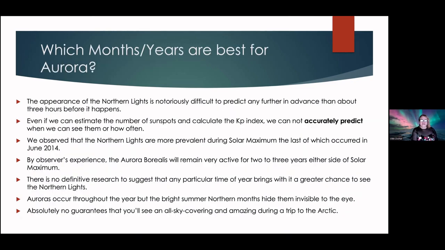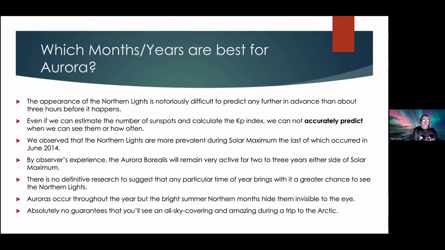Which months, years are best for aurora? The appearance of northern lights is very difficult to predict. You cannot really know more than 3 hours sometimes before it happens. The aurora activity, the KP index, basically predicts for 3 days in advance, because that's how fast the solar wind travels and we can see solar flares.